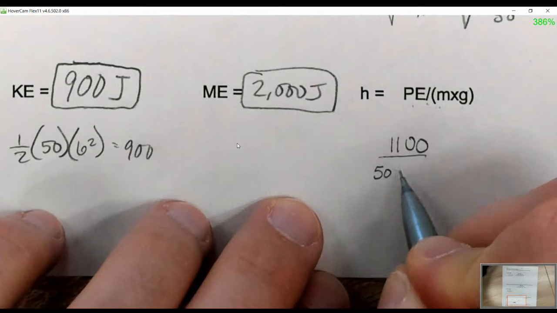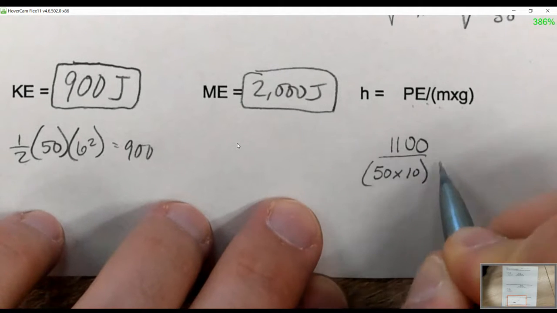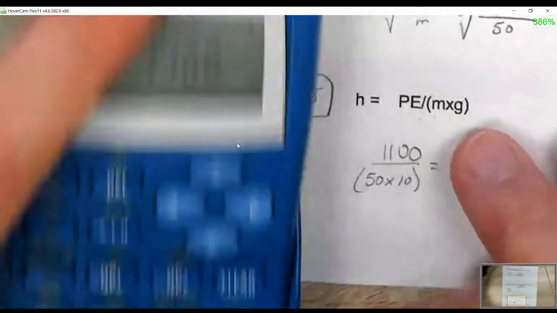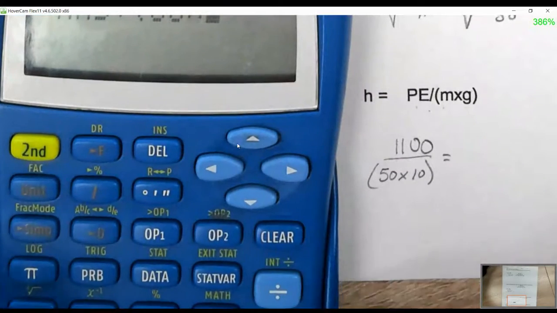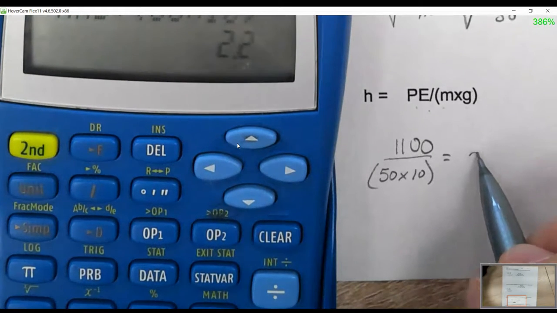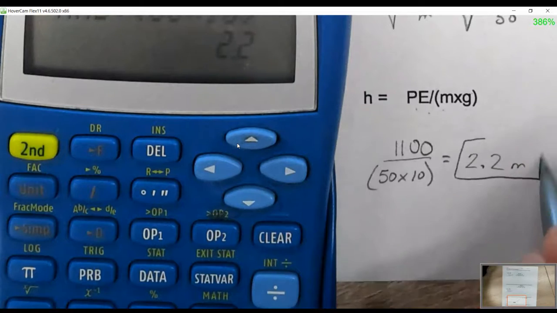The mass was 50, and what is gravity? Gravity is 10. So take 1,100, divide that by 50 times 10, close it, and you should get a height of 2.2 meters.